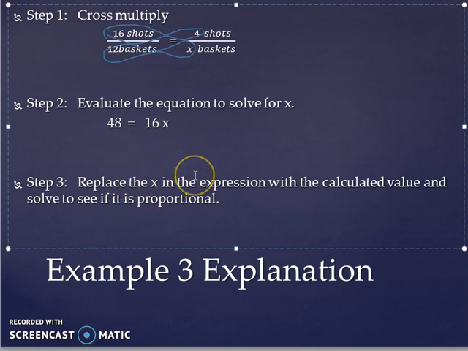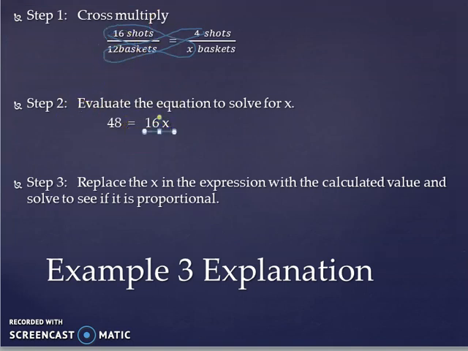What you're going to do now is isolate the variable. So to isolate the variable, we use the inverse operation, which is division. And we're going to divide both sides by 16. Remember that when we divide 16x by 16, we're just canceling out our 16, and that just leaves us with x.